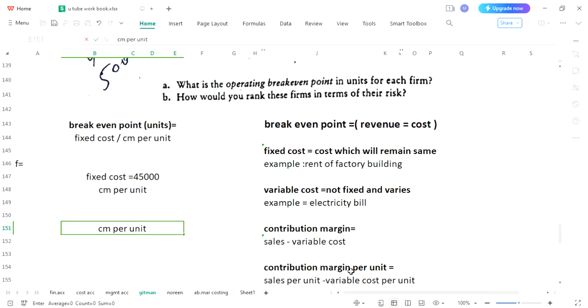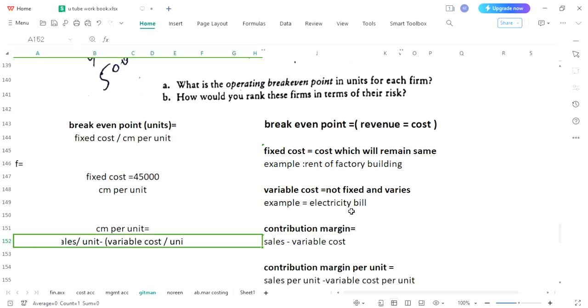For this, you need sales per unit and you will subtract variable cost per unit. So in this way you can calculate your CM per unit. Why am I using this abbreviation? I had little space. Okay, I can write variable cost per unit instead of the abbreviation.